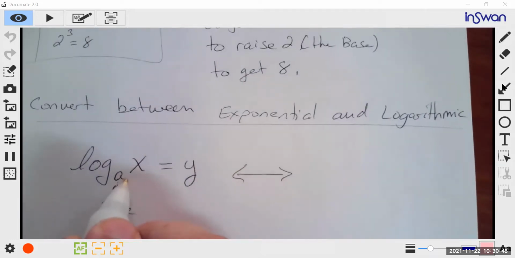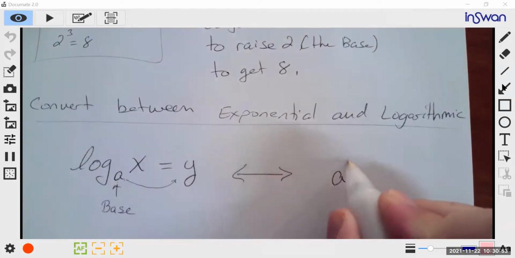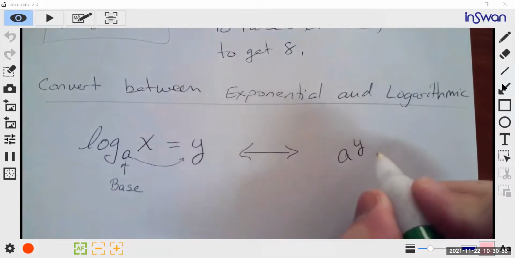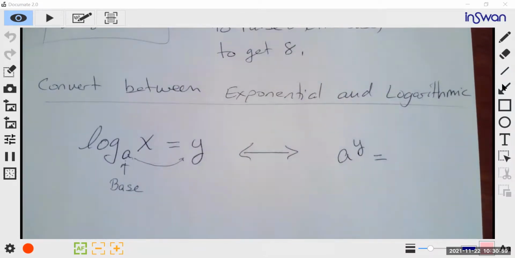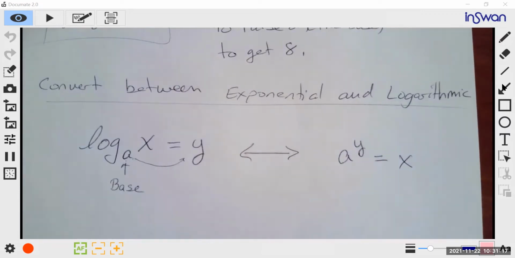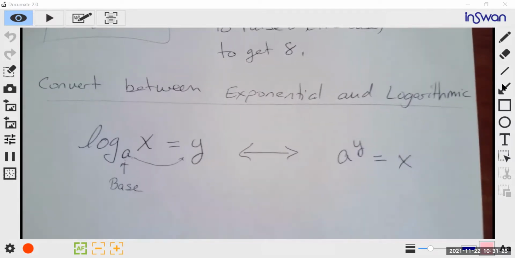So this base comes here and pushes up that y. So we have A to the power of y. If the base is gone, the log drops off. So all we're left with is x. So that's the conversion.